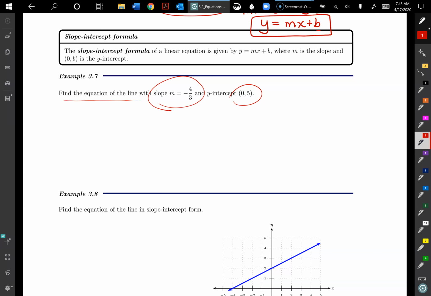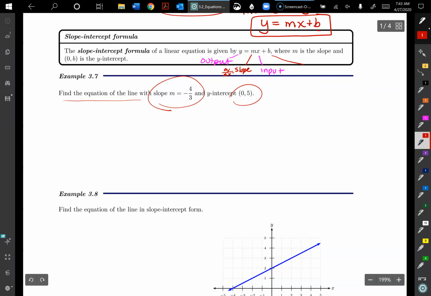So I have, again, just to label some stuff here, this y is my output. The x is my input. The m is my slope, which is rate of change in y over change in x.